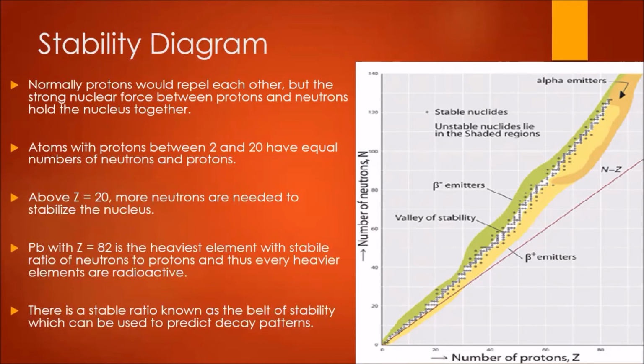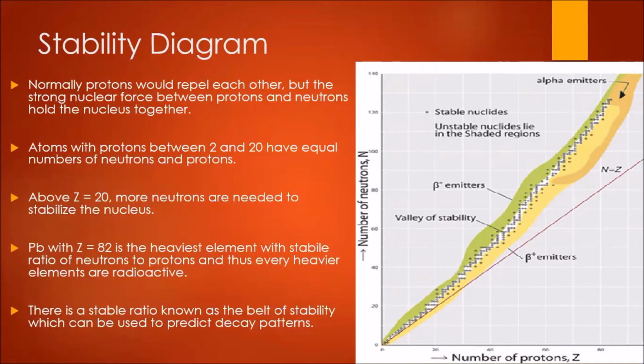Hard, fast rule: atoms with protons between 2 and 20 will have about an equal number of protons and neutrons, up to a little past argon, maybe calcium. You see the mass number is literally just double the atomic number for most of these guys. But above that, you start to get more and more neutrons.